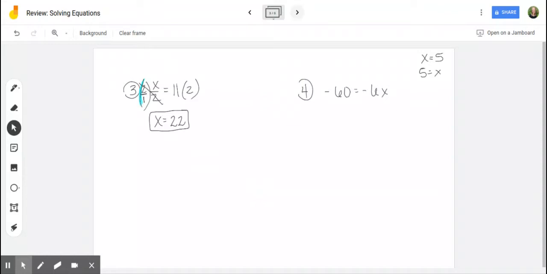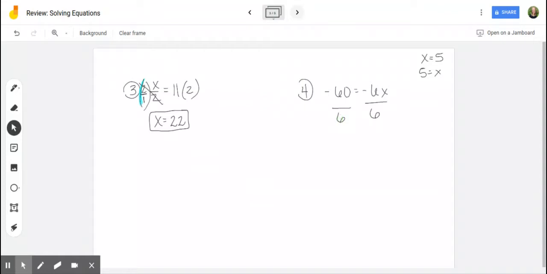So I can see that the variable is being multiplied by a -6. I know this because they're right next to each other. That means the -6 has to go away. Okay, so I'm going to divide by, and I purposely made a mistake because I want to point something out.